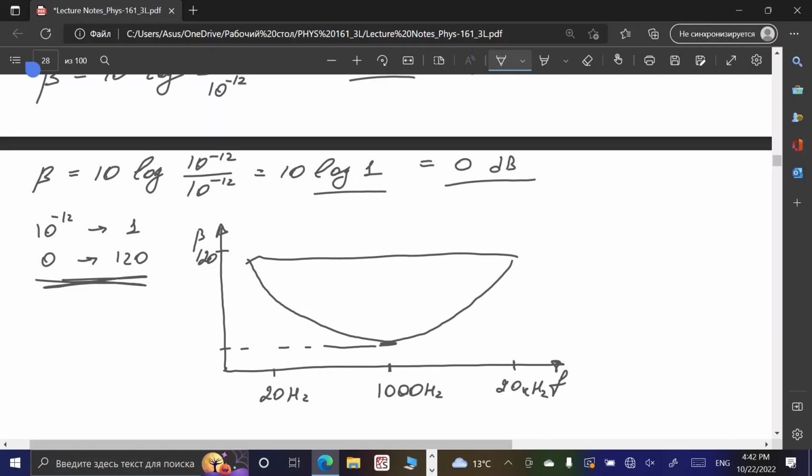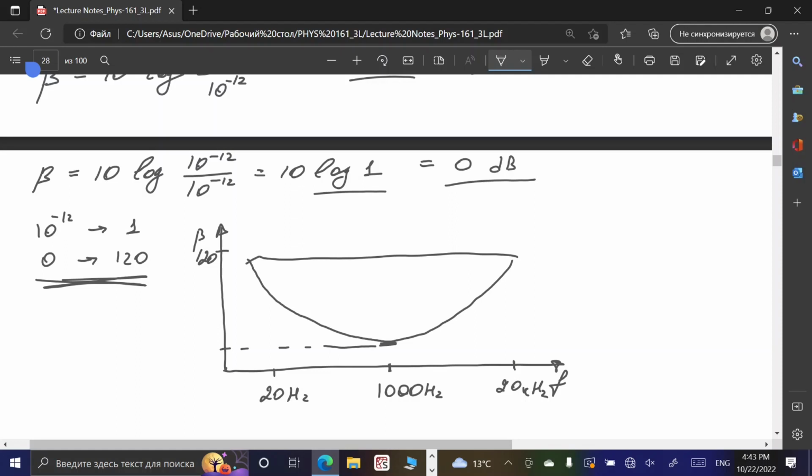We do not stay with units of watts per square meter because the range of intensities which can be detected by the human ear is very broad, from 10 to minus 12 up to 1 watts per square meter. Instead, we introduce this sound level, which is measured in decibels. In this case, the range is reduced quite a lot. It goes from 0 to 120 decibels.